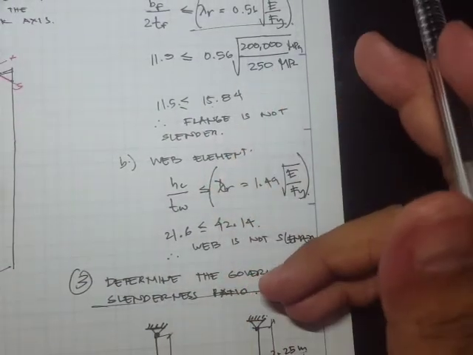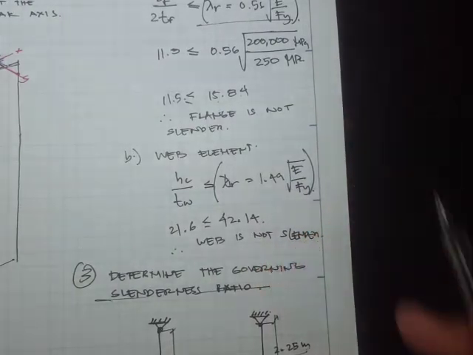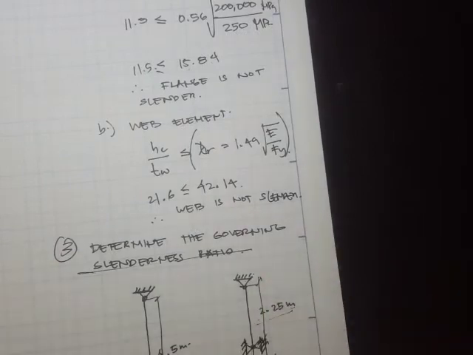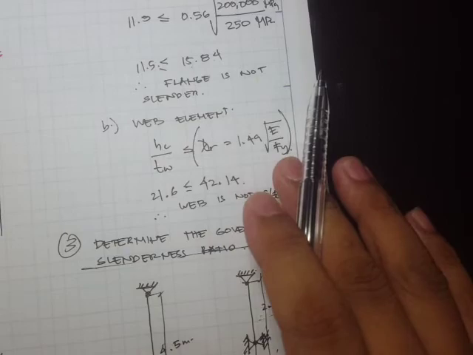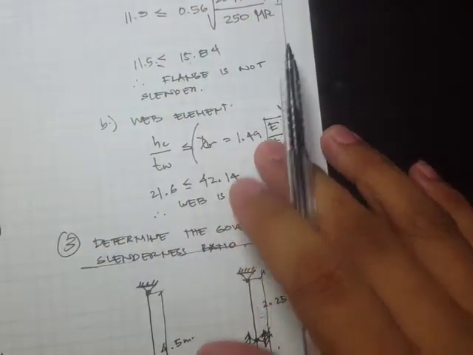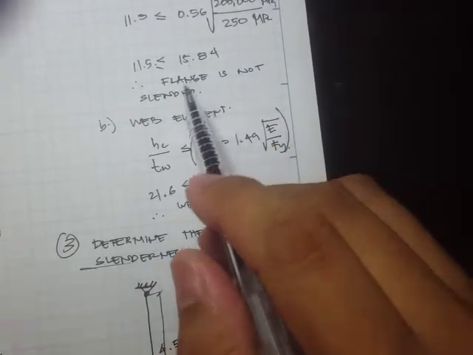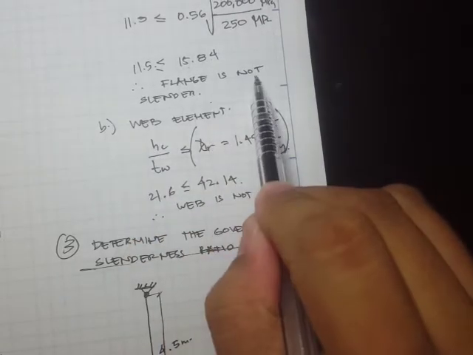And if that's the case, we haven't discussed the detailed computations for members with slender elements, so we'll just limit our discussion to compression members without slender elements. Okay, so the flange is not slender.